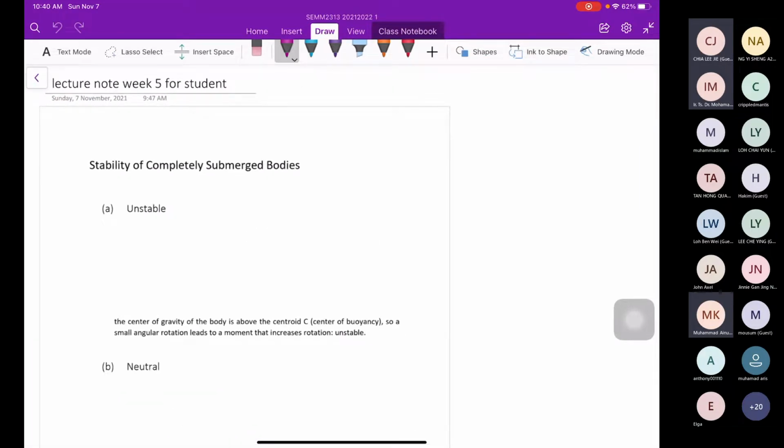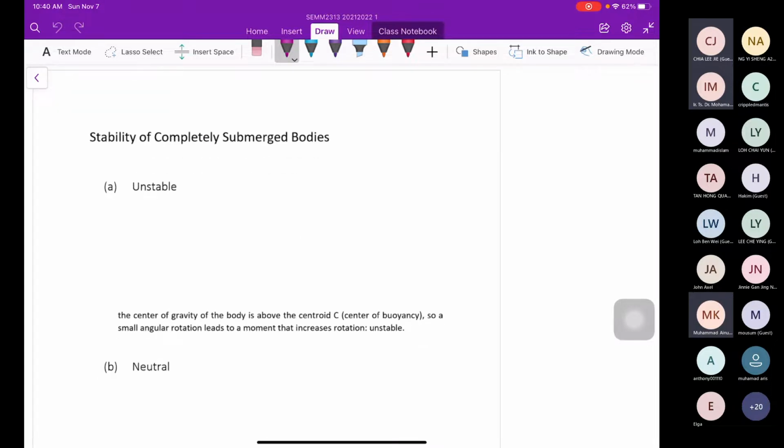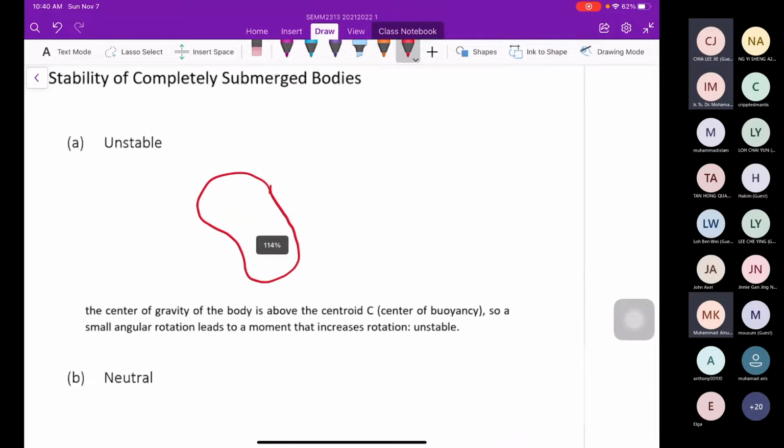Okay, so for this part, we need to investigate the stability of submerged body. For example, we have the body of arbitrary shape. How to know whether it is stable or unstable? First we draw the arbitrary shape. For example, the shape like this.